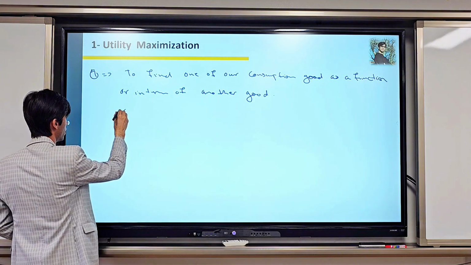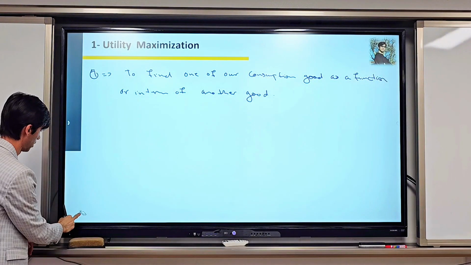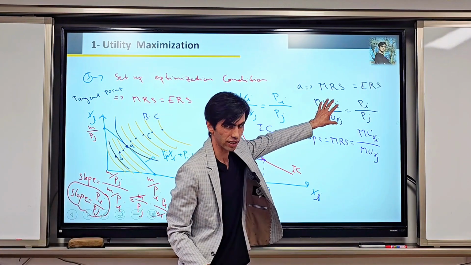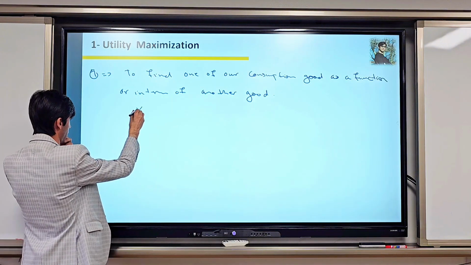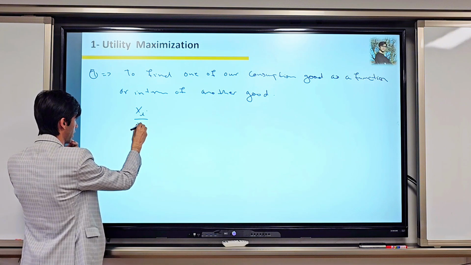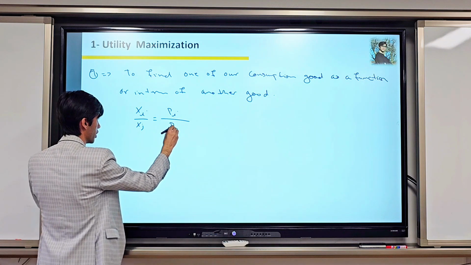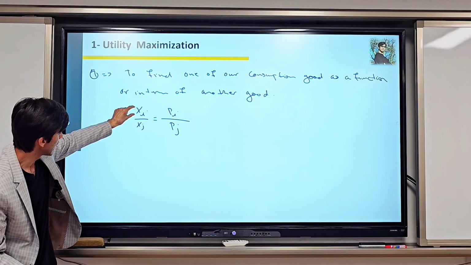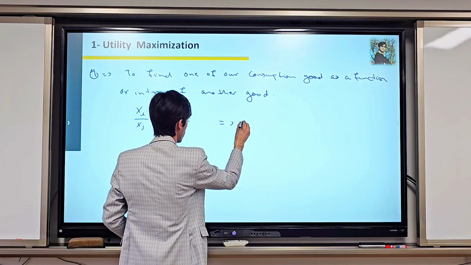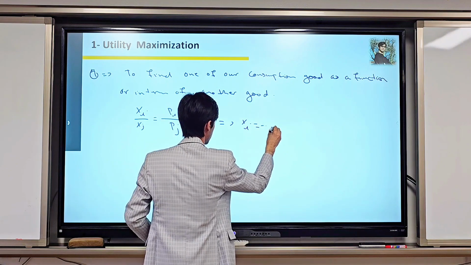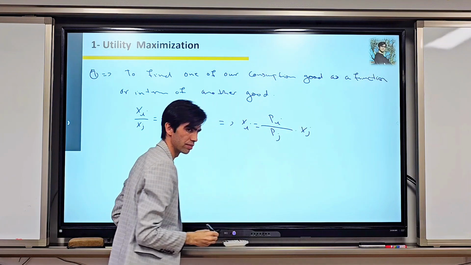Suppose that after setting this equality, we have this relationship: xi divided by xj is equal to pi divided by pj. What we need to do is find either xi or xj in terms of pi, pj, and the other. Then we can have xi as pi over pj multiplied by xj.